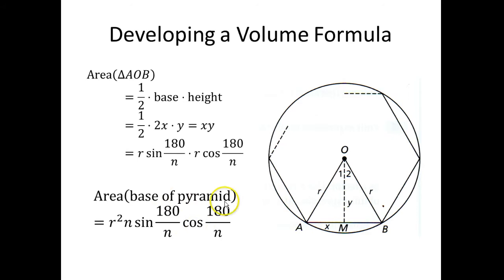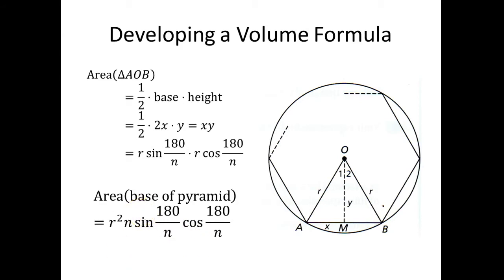So the area of the base of my pyramid depends on the number of sides of my inscribed pyramid and the radius of the base of the cone that I'm trying to find the volume of.